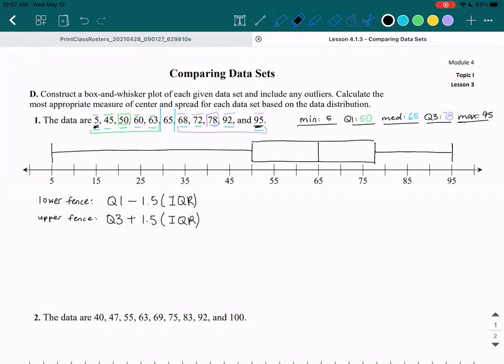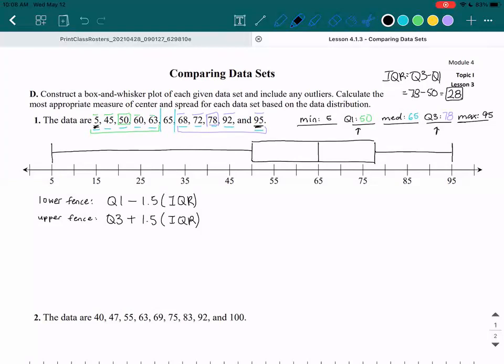All right, so here's the formulas. Notice that in the formulas, we also need the IQR. Remember the IQR, I will do that right here, is equal to the Q3 minus the Q1. So that is equal to 78 minus 50, which gives us 28 as our IQR.